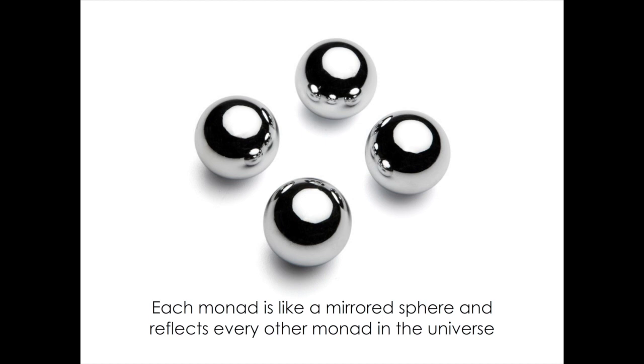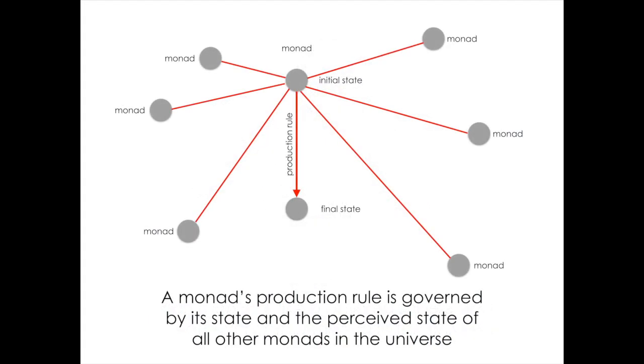Professor Mercer says that internal and intrinsic to each monad is a rule, which she dubs the production rule, that governs how it changes its state in response to its current state and the perceived state of all the other monads. And just as the constraints of space and time are inapplicable to monads, so cause and effect work differently, for each monad is causally independent of all other monads. It makes its own decisions by its own lights, obeying its intrinsic rule.